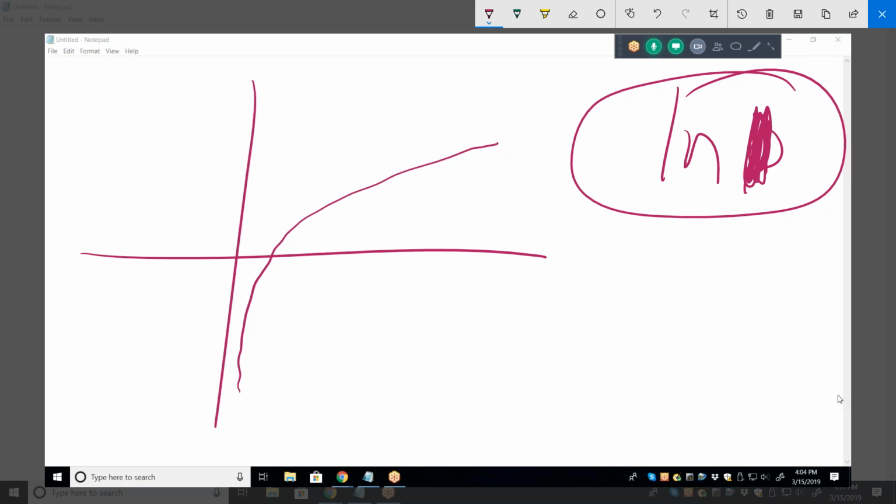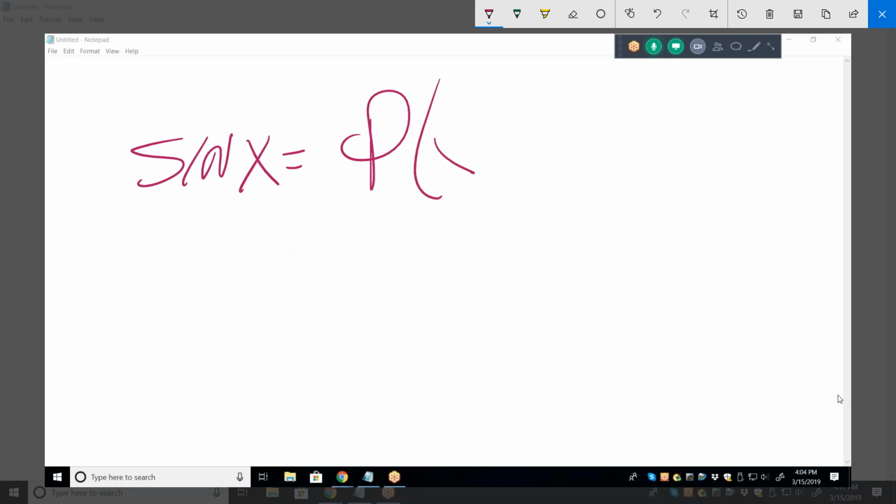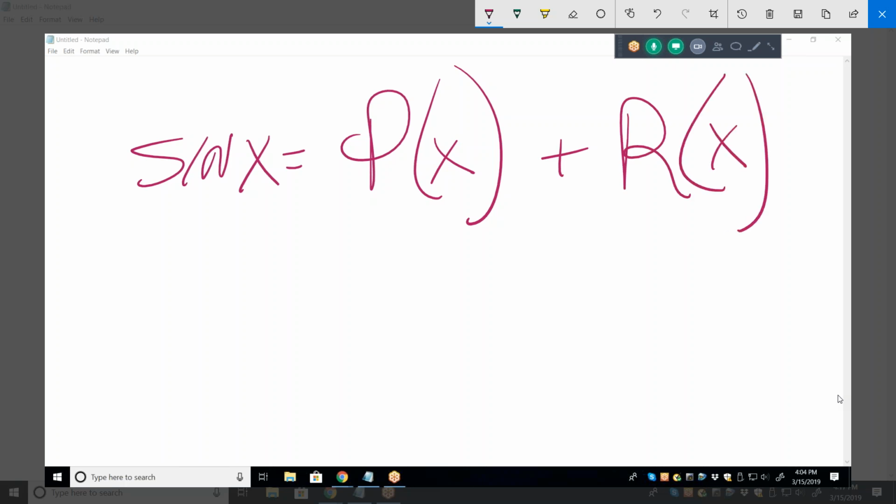Yeah. Well, there is nothing harder in this book than the Lagrange error bound. I can conceptually explain it to you. Okay, I'd like that, yeah. If the sine of x is equal to some polynomial function, which is an approximation, plus some remainder, which is everything else.